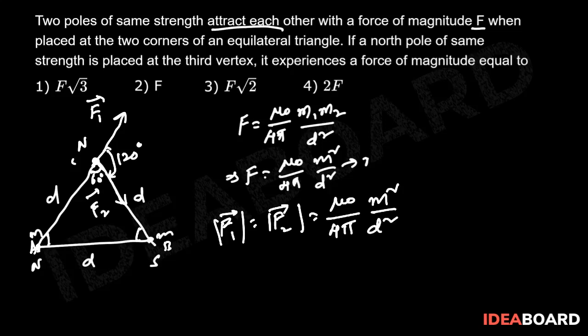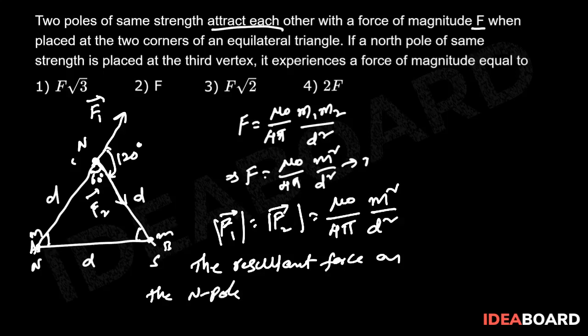Now if we calculate the resultant force on the north pole at C, Fr vector is simply F1 vector plus F2 vector.